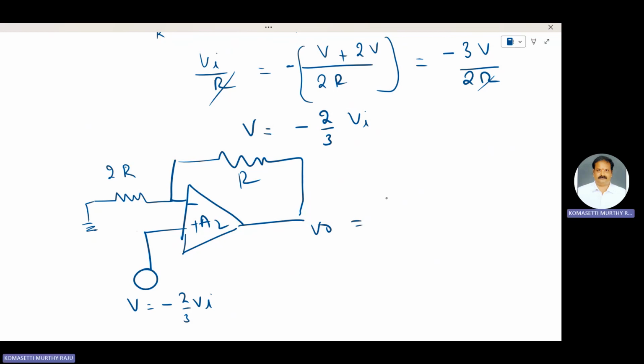V naught is equal to 1 plus RF by R1 into V. Here RF is R and R1 is 2R.